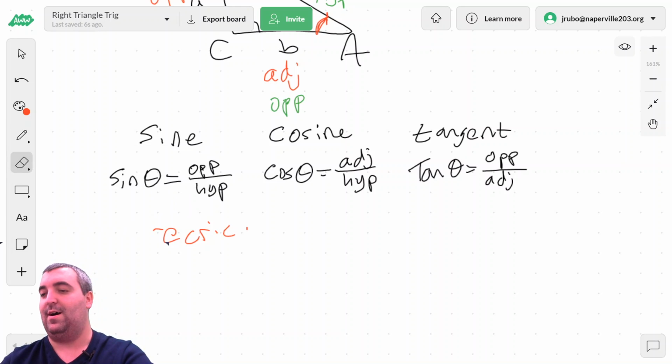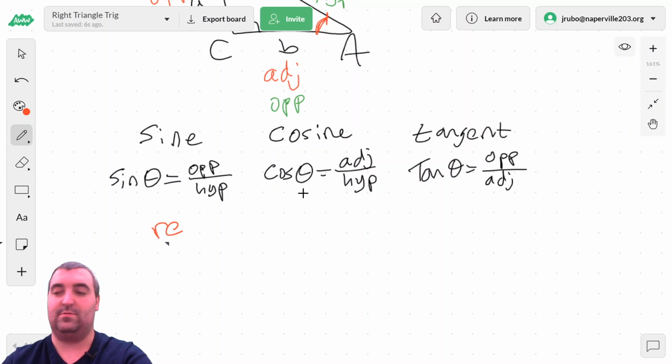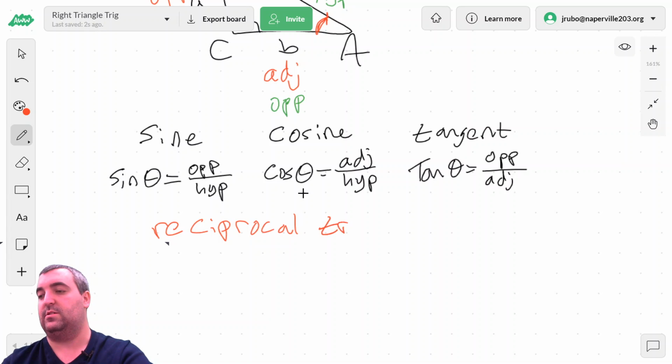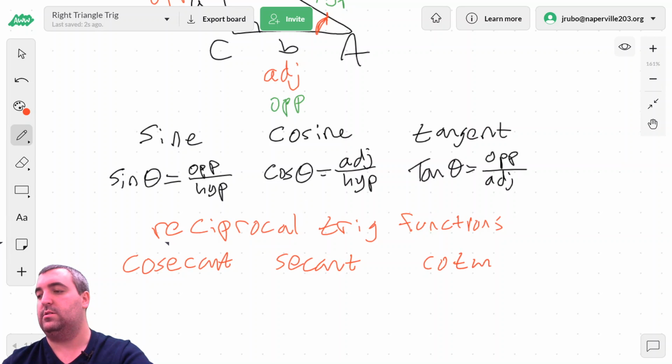The reciprocal trig functions are cosecant, secant, and cotangent.